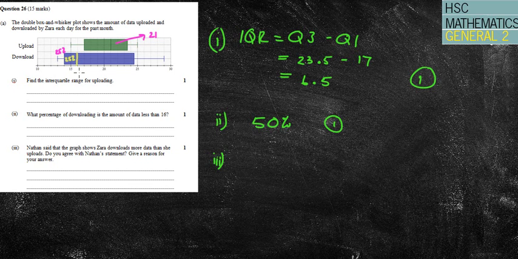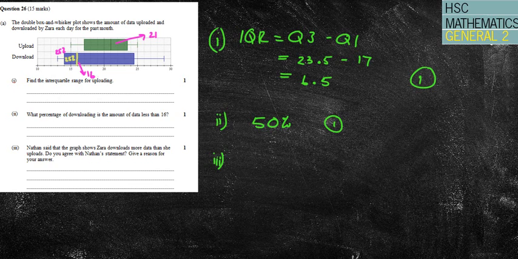Whereas the median downloads for that month was 16. So on average, each day that month, they downloaded 16 times, or 16 things, or whatever that actual value is. Whereas for the uploads, she actually averaged 21 per day.